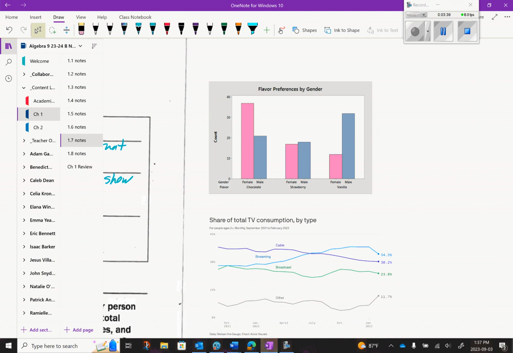Suppose we asked a whole bunch of people, do you prefer this or this? Giving them a choice of different flavors: chocolate, strawberry, vanilla. So we record all of that data and then we can show that here in a bar graph.